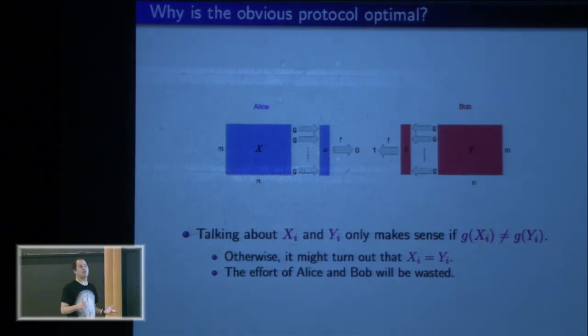Because if the players don't know it, they might waste a lot of effort talking a lot about xi and yi, and then eventually they'll find out that xi is equal to yi. And if xi is equal to yi, then they can find a coordinate on which those rows differ, and all their effort goes to waste. Talking about those rows was completely useless.